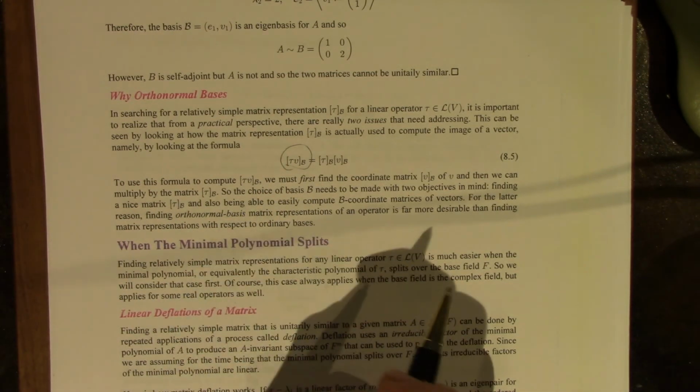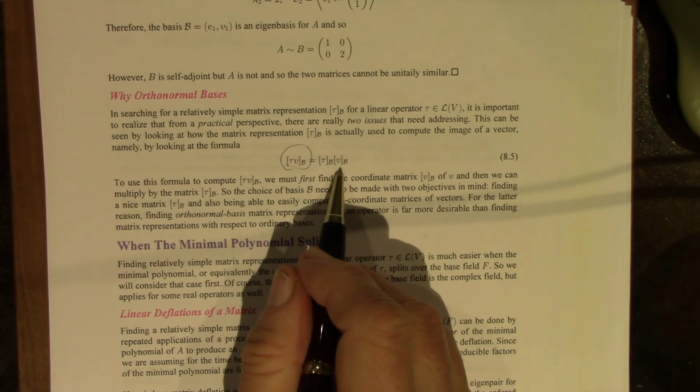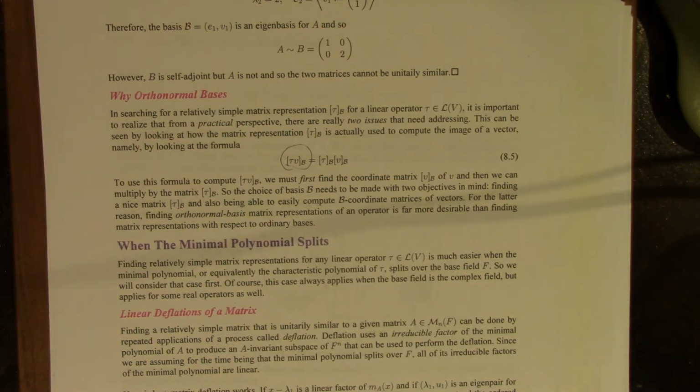But also, we need to be able to compute coordinate matrices of vectors relatively efficiently. We're speaking now in practical terms. In theory, it doesn't matter. But in practice, there are two computations going on here: the computation of the coordinate matrices of vectors, and then the multiplication by the matrix representation. Now, once we find the matrix representation, that's a static issue.